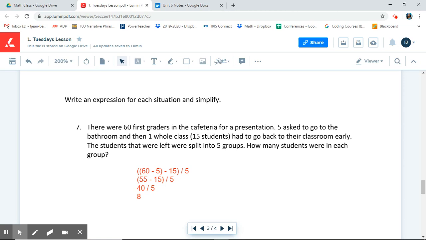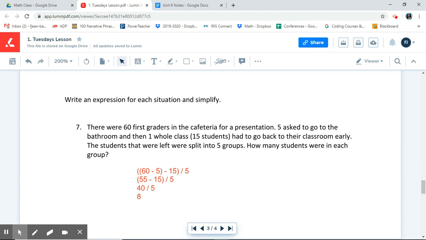Then we know that the students that were left over were split into 5 groups. So again, we put parentheses around 60 minus 5, and then around 60 minus 5 minus 15 to show that that's our priority to solve for first.